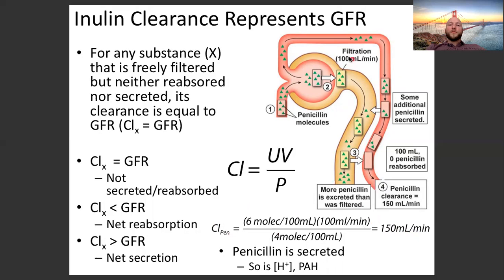That's more than the 100 for the glomerular filtration rate for this patient. So because clearance is higher than the GFR, we know that penicillin gets filtered and secreted. Remember, just filtration is equal to GFR. It's higher than that, so it's filtration plus secretion.